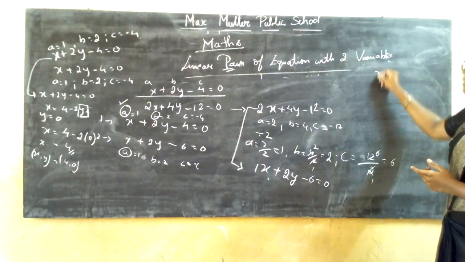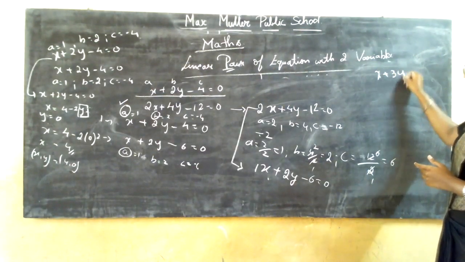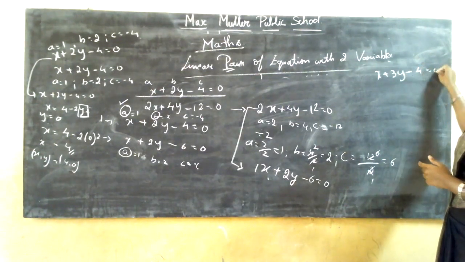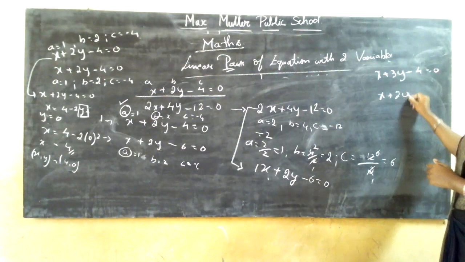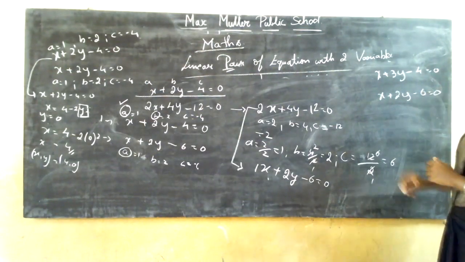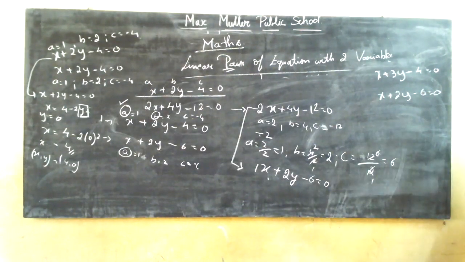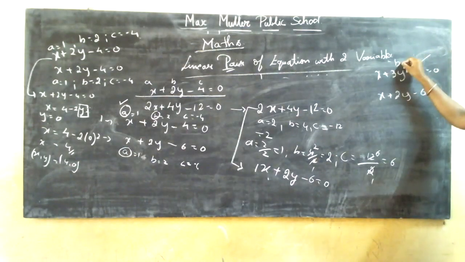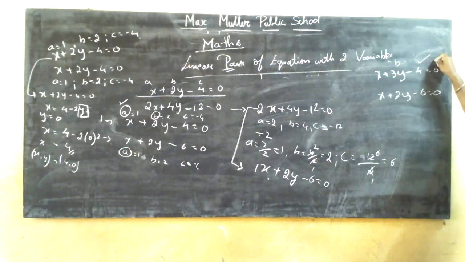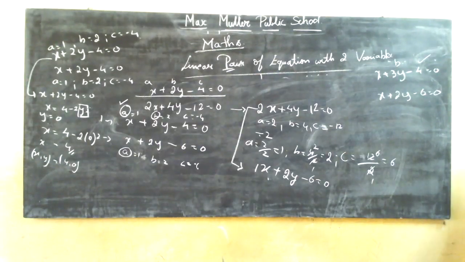That is, you have x plus 3y minus 4 equal to 0 and x plus 2y minus 6 equal to 0. If this is the equation, what do you get? Either the c value is different and the b value is different. C value and B value. If two alphanumerical terms are of different values in the two different equations, then you are going to say it as intersecting lines.